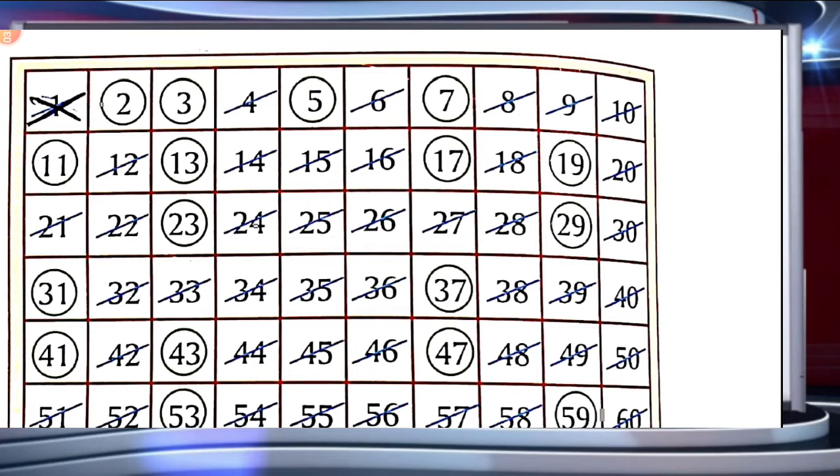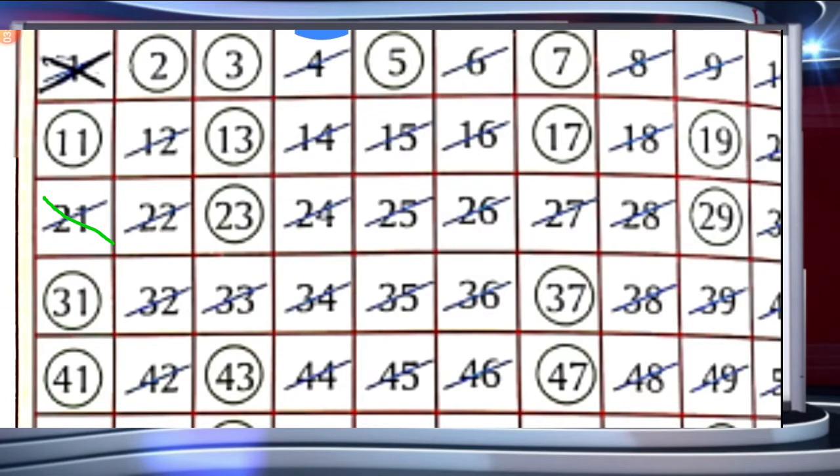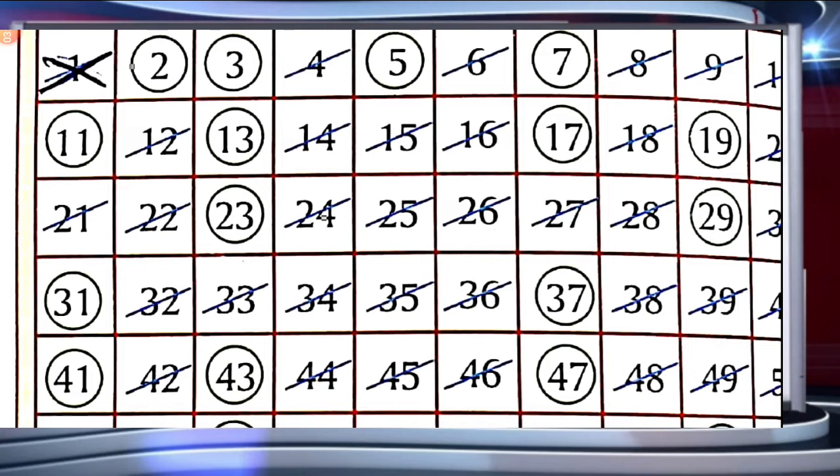Now, the next multiple of 3 is 12, but it is already crossed out as it is an even number. So, come to number 15. Cut 15. Then come to 18, which is already crossed out as it is an even number. Now, come to number 21. Like this, you will continue this process up to the number 100.